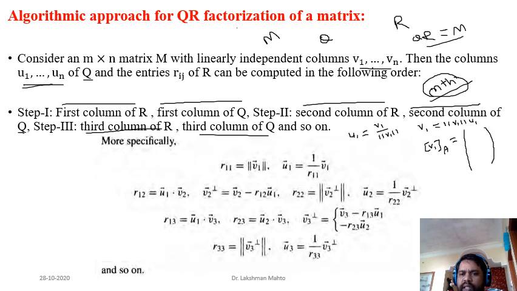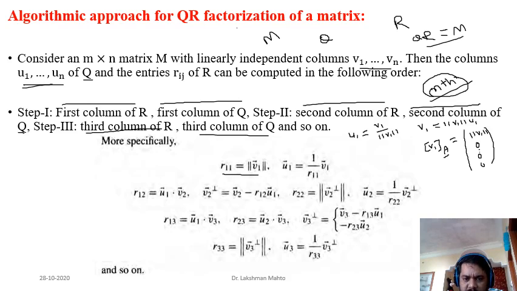So the coordinate vector of V1 with respect to the newly constructed orthogonal basis A is: the first coordinate is the norm of V1 and the other coordinates are 0. We should not worry about writing all those, since it would go on indefinitely, so I have put a dotted line. So that's what R11 is talking about.